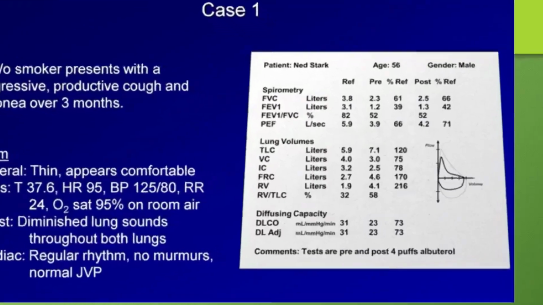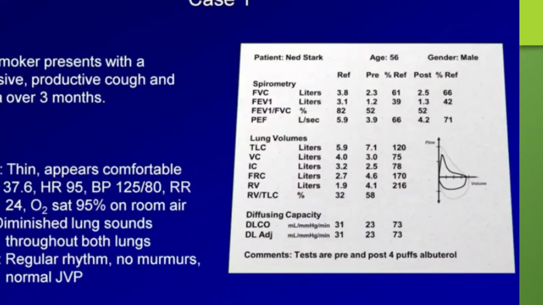In the spirometry, you can see the FEV1/FVC predicted value is 61%, below 70%. So first we see the FEV1/FVC, which is low. The second parameter we see is the FVC, which is a bit low.